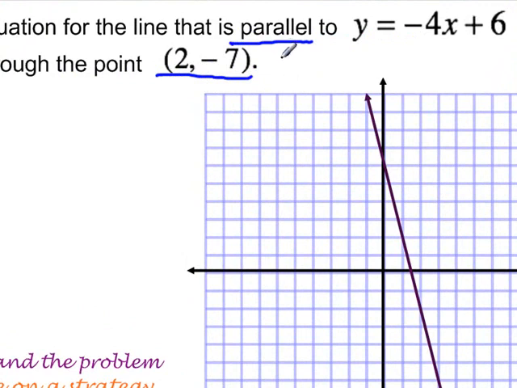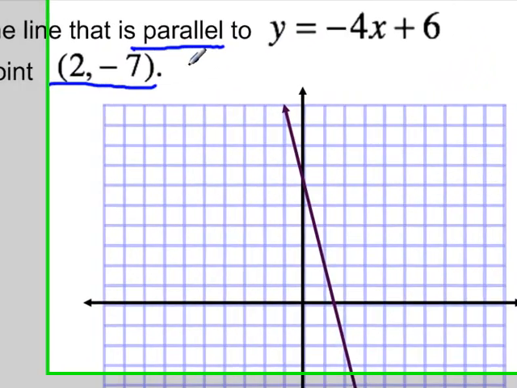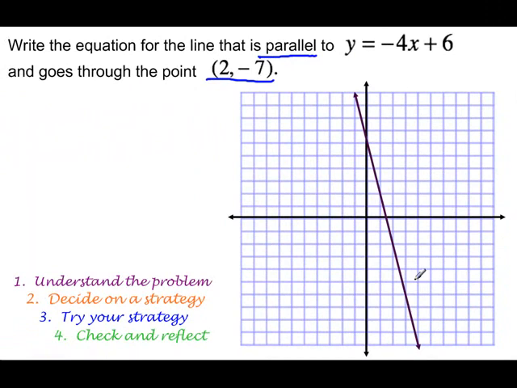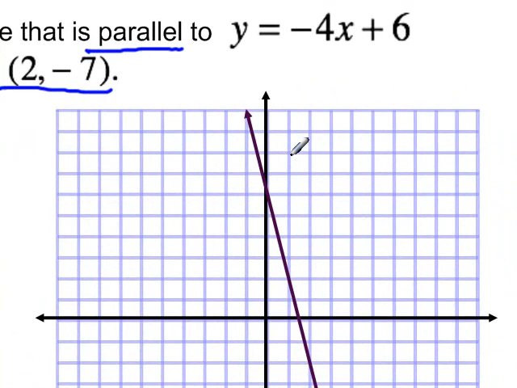Parallel lines are lines that never cross. So if this is the line that's given to us, our line will be running alongside it at the same steepness. Those lines will never touch. That means that our two lines have the same slope. That's very important to realize.